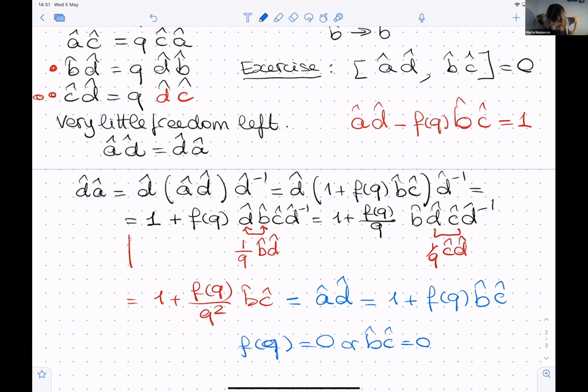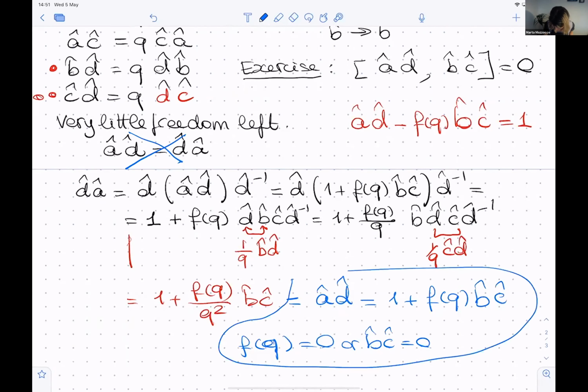So what we find is that, of course, we cannot impose this relation, but we can do something slightly different. So I will now remove the blue part, or maybe I can just remove it this way. So this we don't want.